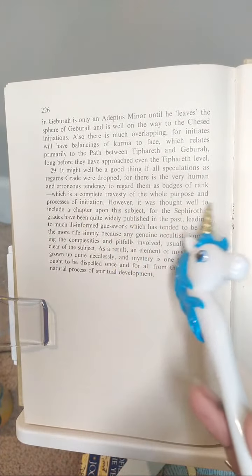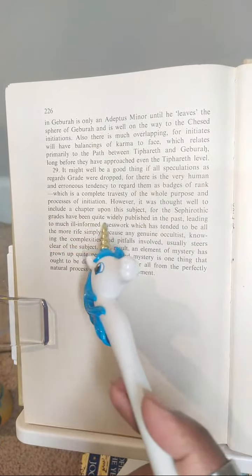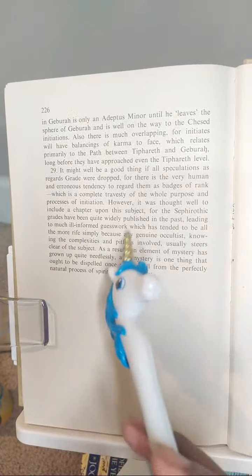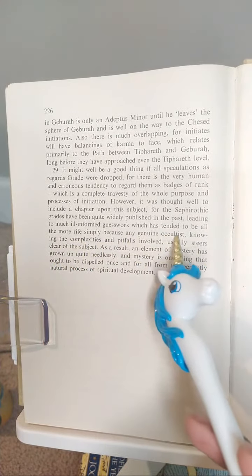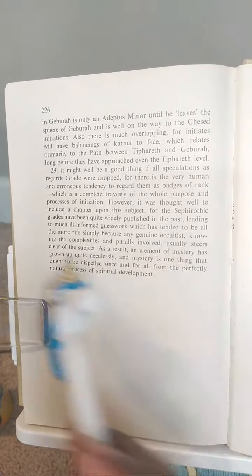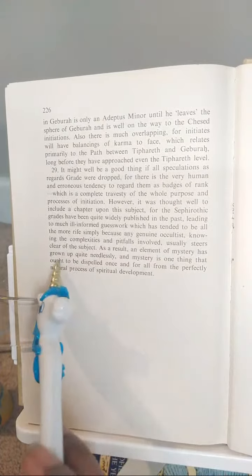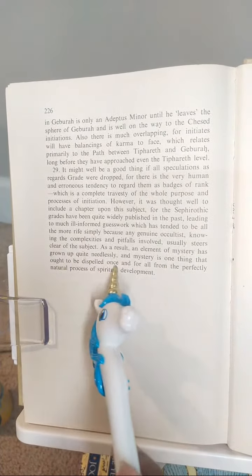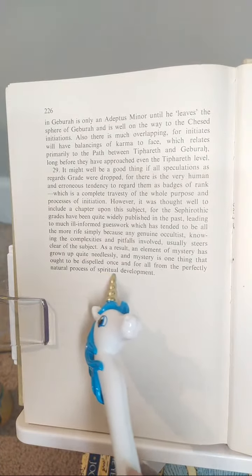However, it was thought well to include a chapter upon this subject, for the Sephirotic grades have been quite widely published in the past, leading to much ill-informed guesswork, which has tended to be all the more rife simply because any genuine occultist, knowing the complexities and pitfalls involved, usually steers clear of the subject. As a result, an element of mystery has grown up quite needlessly. The mystery is one thing that ought to be dispelled once and for all from the perfectly natural process of spiritual development.